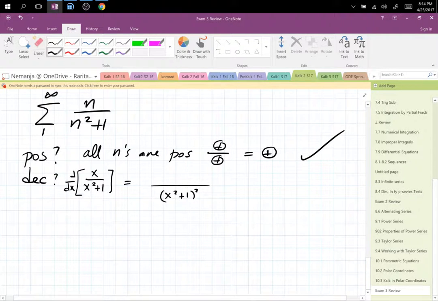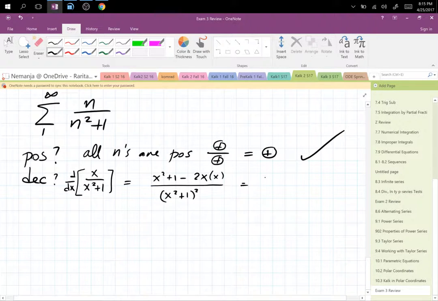So I just need to worry about what's happening on top, which is x squared plus 1 times the derivative of x, which is 1, so I can just leave x squared plus 1, minus the derivative of the bottom, which is 2x, times the top, which is x.